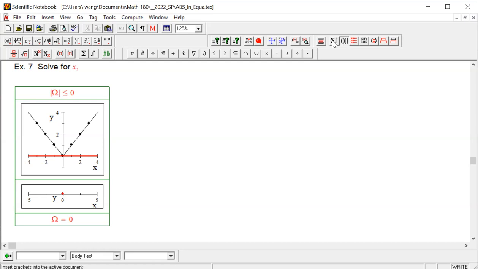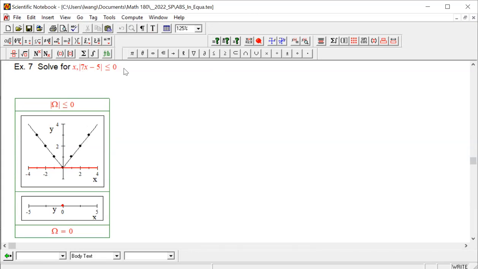And this time I have an absolute value: absolute value of 7x minus 5 less than or equal to 0, right? I understand less than 0 is not possible, therefore omega must be equal to 0.